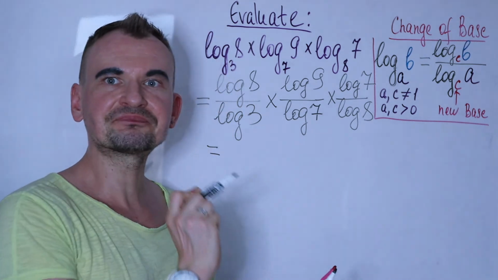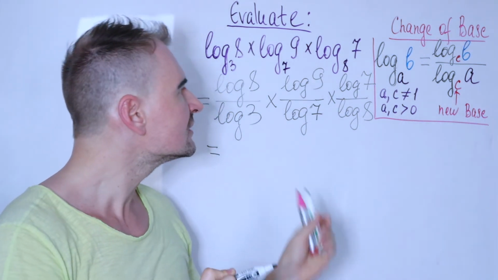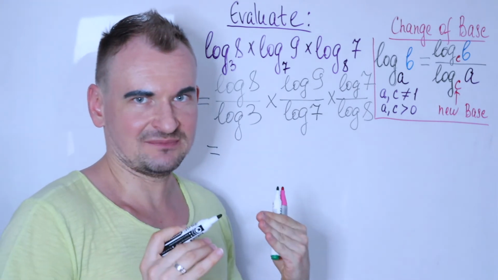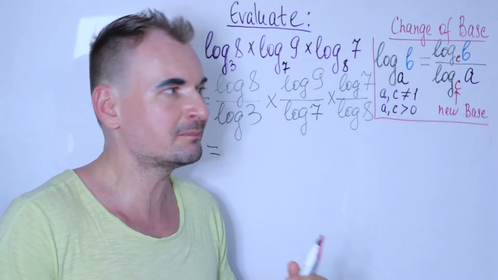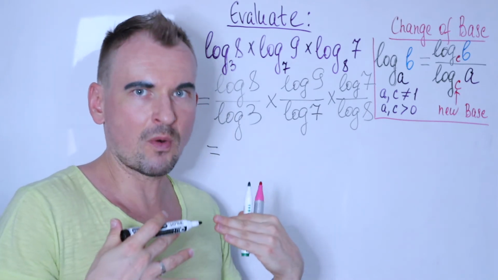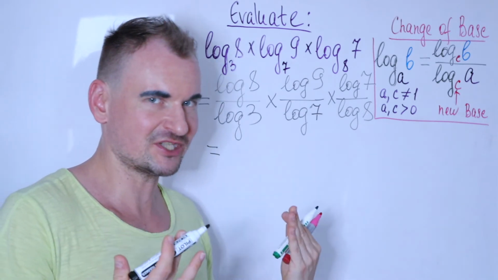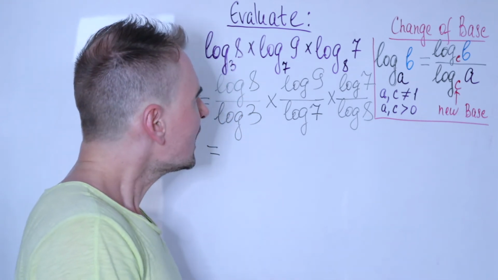So again, I rewrote everything to base 10, but since we don't write this base 10, you could write it, but this is the default. This is the definition of the common logarithm, so it's implied, it's understood to be 10.